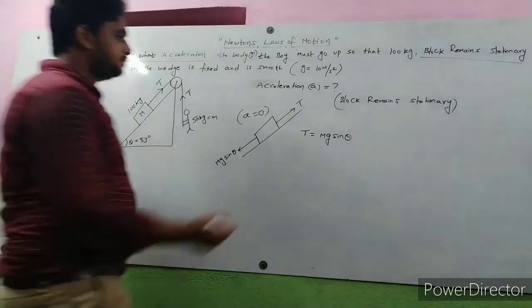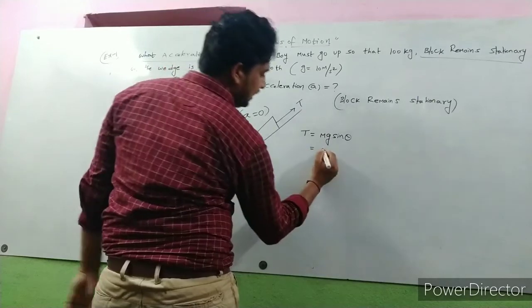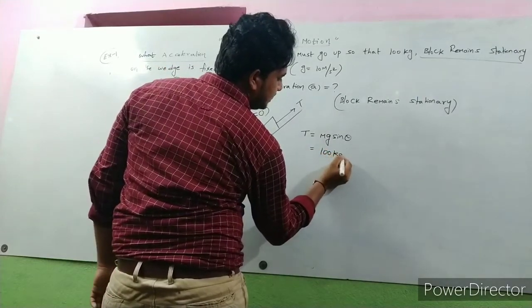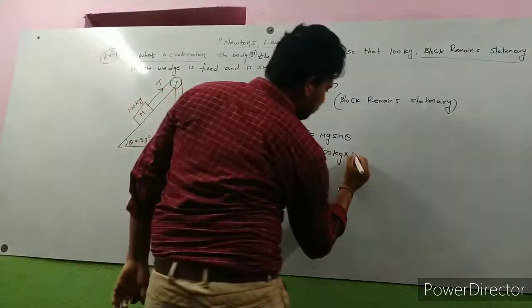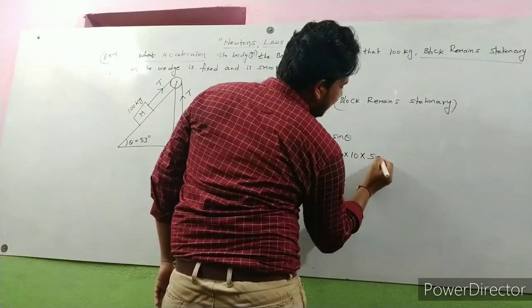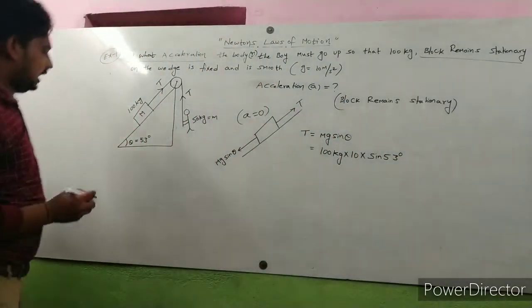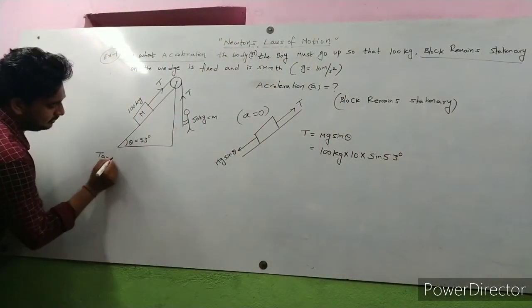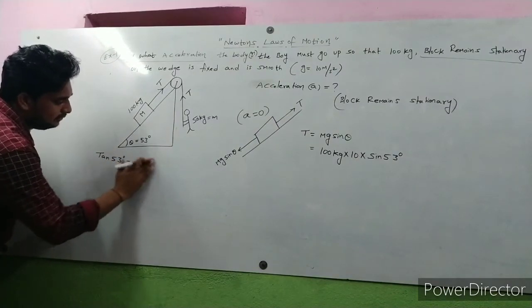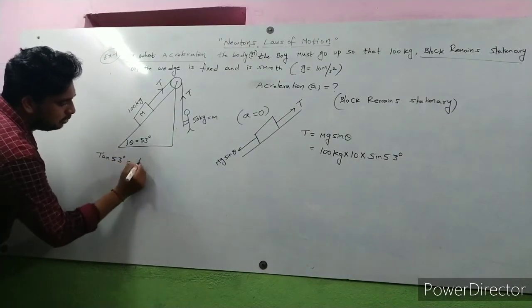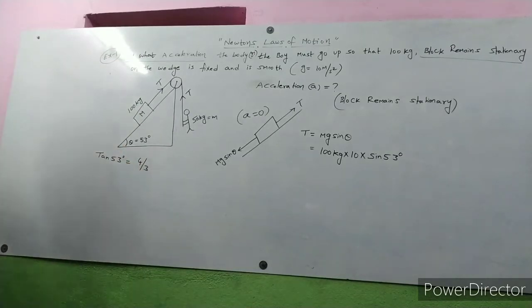So T is equal to M, which is 100 kg, g is equal to 10 meter per second square, and sin 53 degrees. What is the value of sin 53? Already we know tan 53 is equal to 4 by 3.